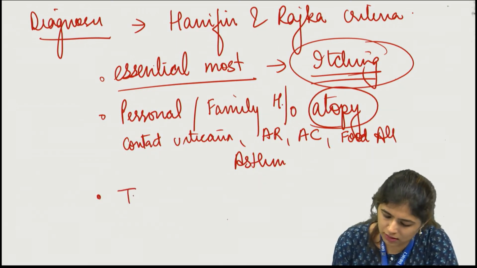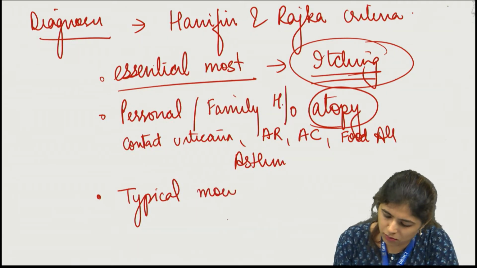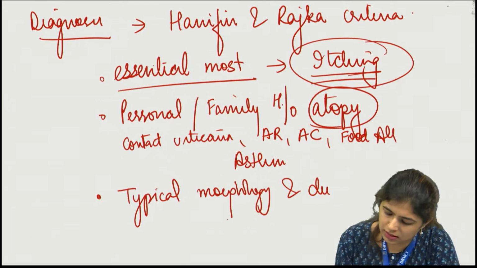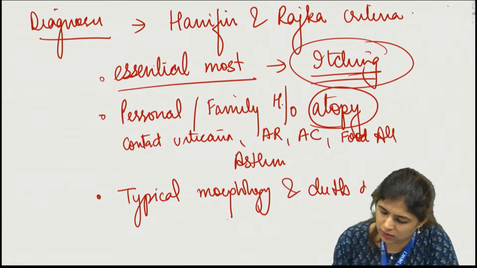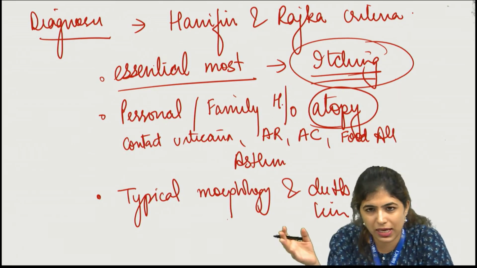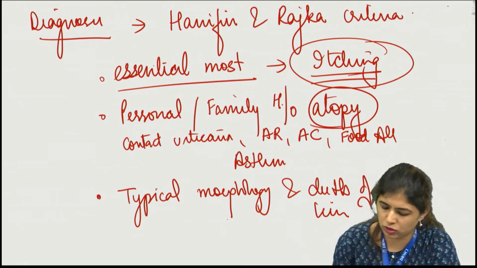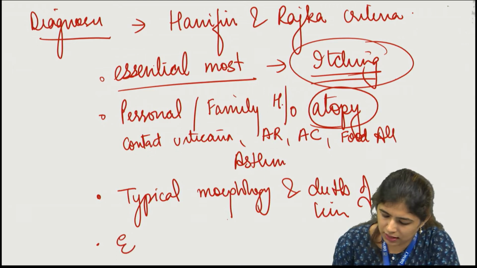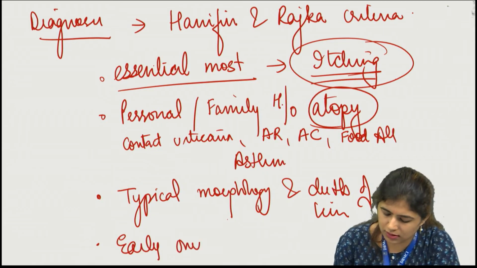Then typical morphology and distribution of the lesions. Like we've just seen, depending on the age, what is the type and the distribution of the lesion. Then the early onset.